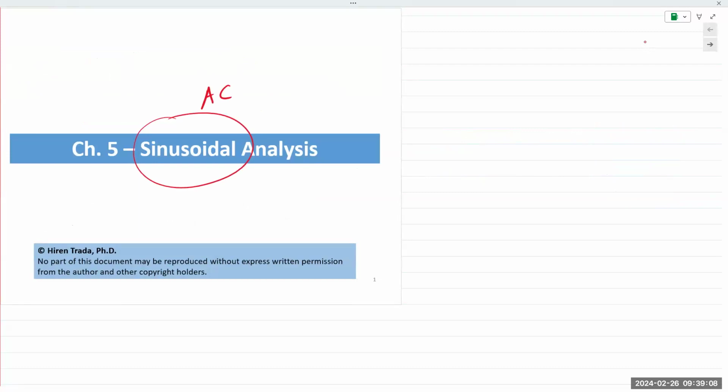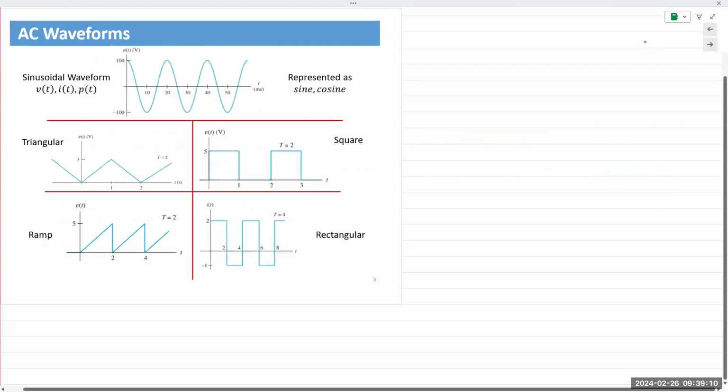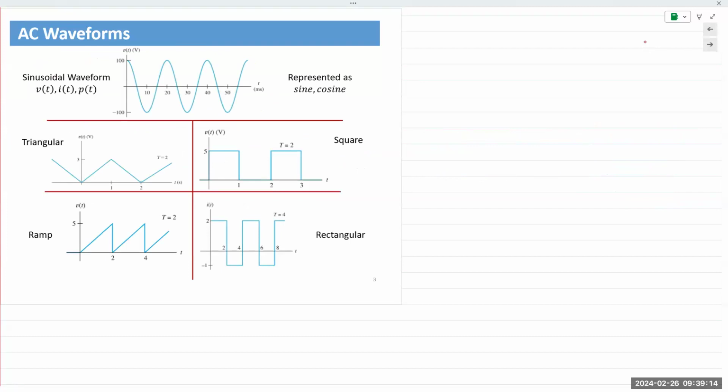The reason I have listed it there is because the book that I use has the same title. Mathematically, this waveform can be represented with either a sine or cosine function. And that's where the name comes from, sinusoidal, because it's sinusoidal in nature. So mathematically, we deal with the sine and cosine functions.